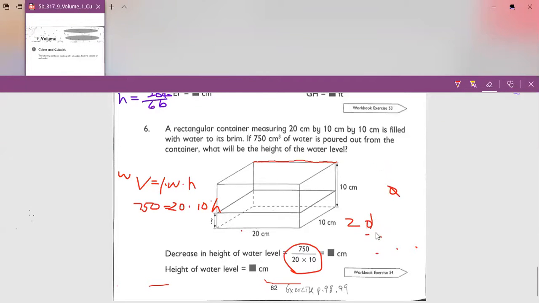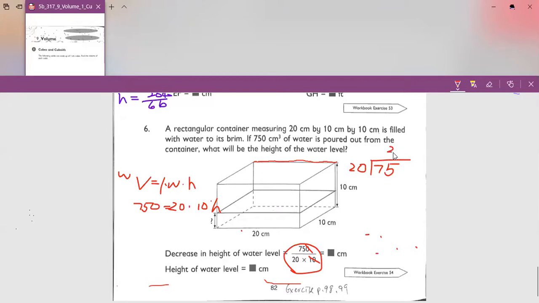So this will be 75. Or if you want to do 750, you can do that. But since they all have a 0, if I divide by 10, I can take away this 0. So it will be 75 divided by 20. Okay?